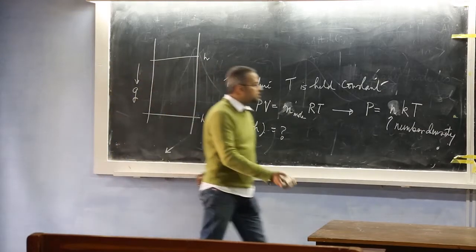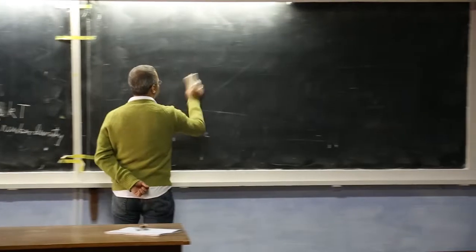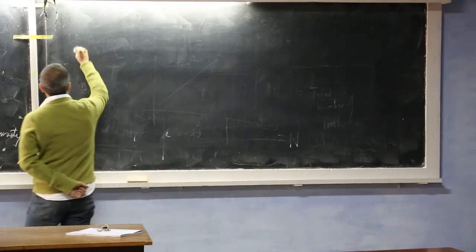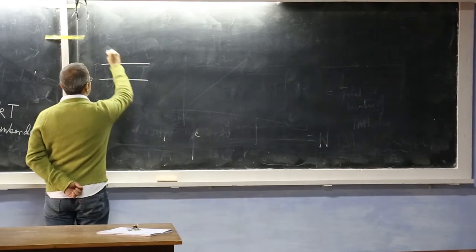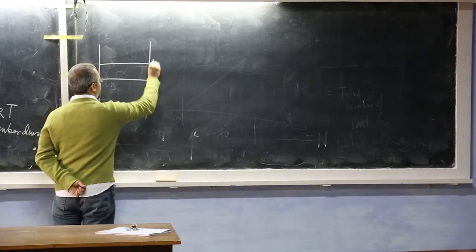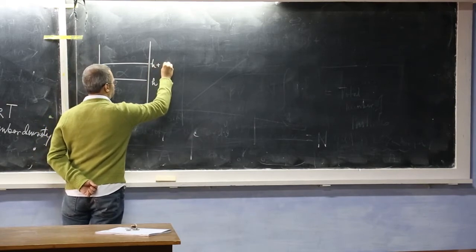So what you essentially have to do is consider these two levels at some height h and h plus delta h.